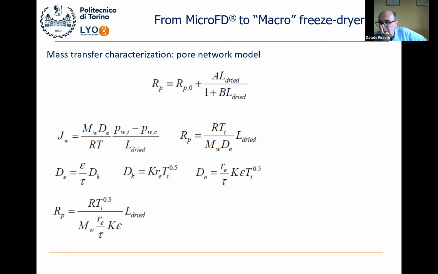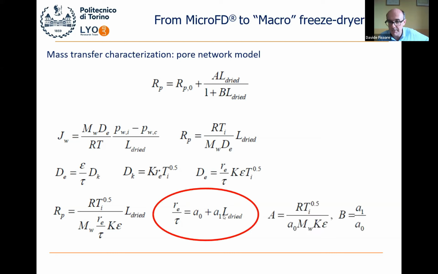A complex equation, but there is still one step that has to be done. What about pore size and tortuosity? Usually, pore size and tortuosity are written as a function of layer thickness in this way, with the two parameters A0 and A1.